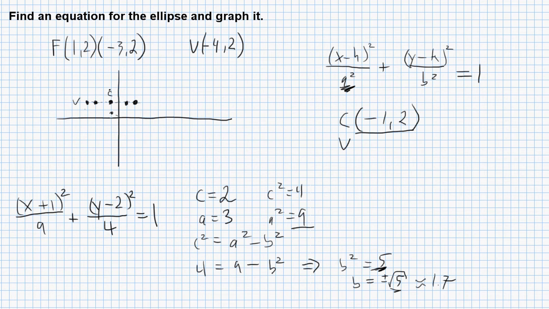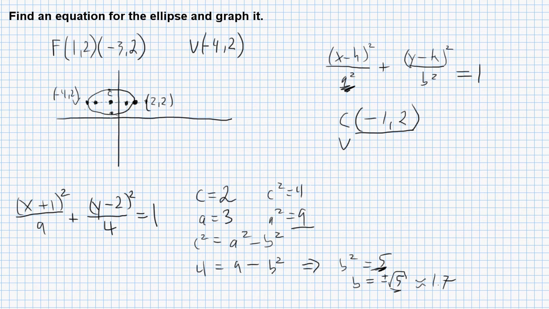And here I guess we can go ahead and draw our ellipse in like that. So you can see this vertex point is now (2, 2). This one we were given was (-4, 2).